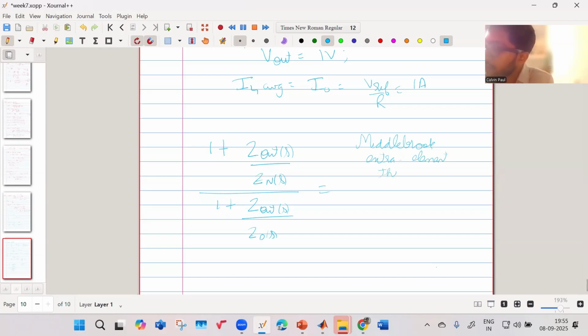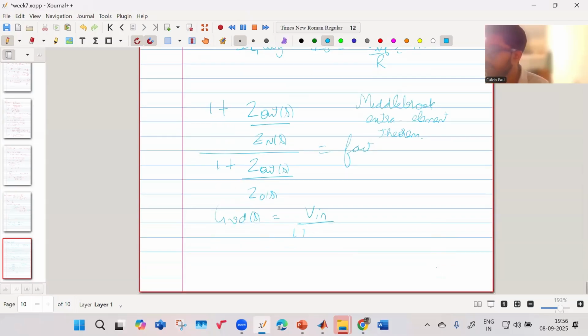Basically, we are trying to understand the impact of your EMI filter or your input filter on your control-to-output transfer function. This is your factor. Let us see your original Gvd of S for a buck converter. It is Vin upon, in the ideal case, 1 plus S upon Q omega naught plus S squared upon omega naught squared.